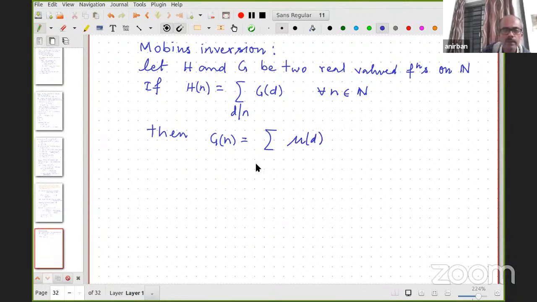So you are again summing over divisors of n, but mu of d, that's the Mobius function, and h of n by d. Since d divides n, n by d is again a natural number, so this makes sense.